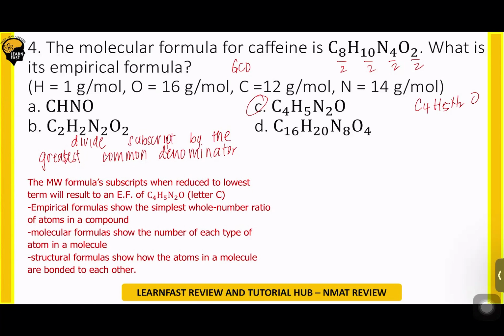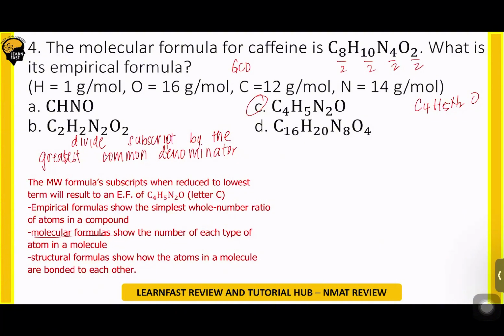By definition, molecular formula is the exact number of atoms for each element. So in this case, for caffeine, the exact number of carbon would be 8, the exact number of hydrogen would be 10, the exact number of nitrogen would be 4, and the exact number of oxygen would be 2.